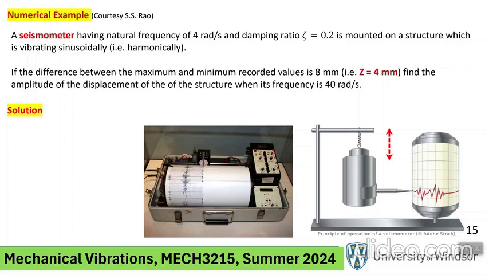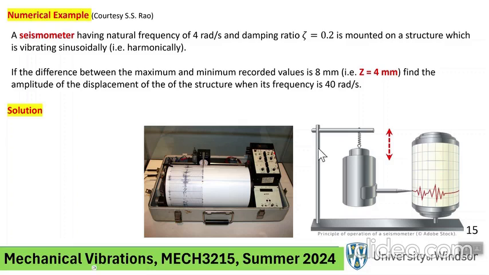It's root of k over m. If omega n is very large, m is very small. Small mass inside the casing, inside the gadget that sits in your cell phone to measure acceleration. Okay, small mass, accelerometer range, large mass, seismometer range.